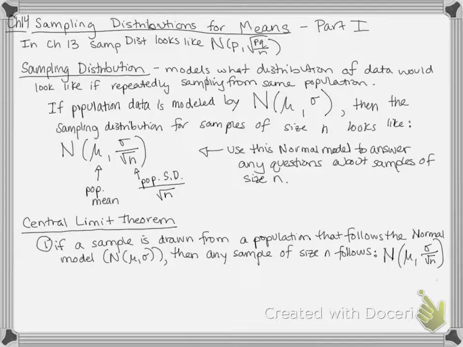So this is the case where we're told that our population data follows a normal model.